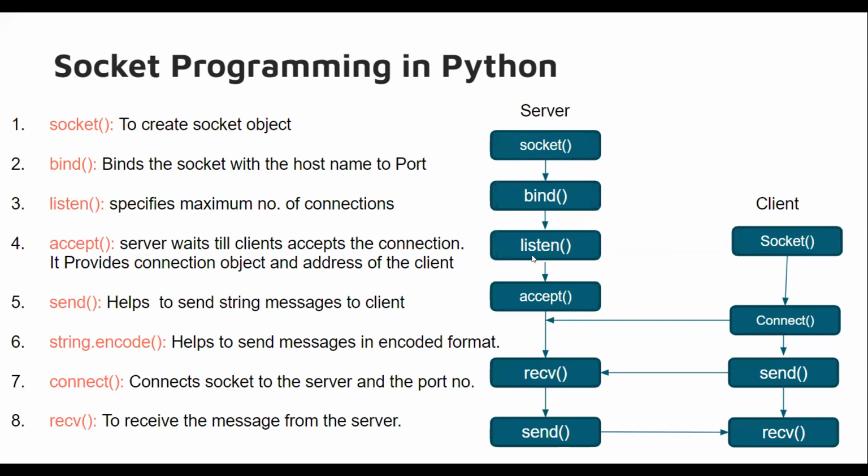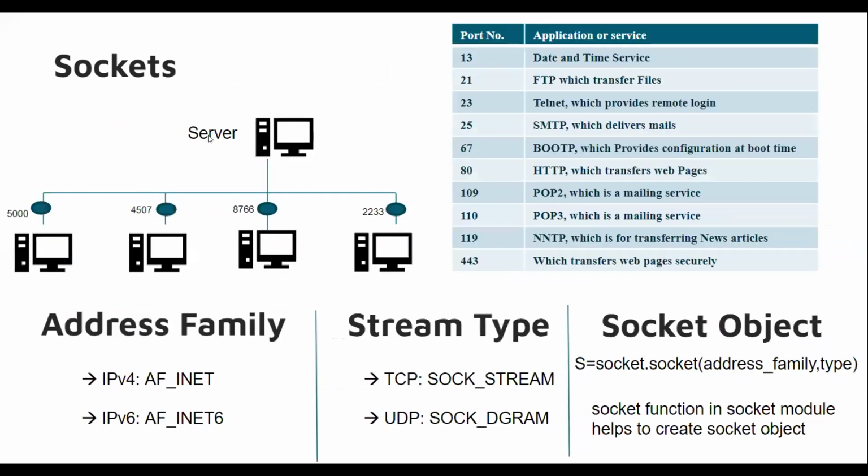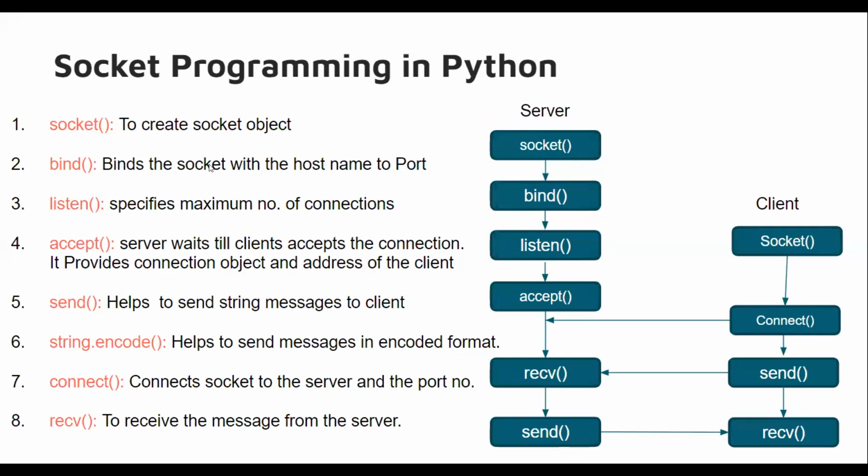When I talk about the server, the first function which comes is bind. As you saw in this diagram, the server needs to be bound to this host via a port. The bind function binds the socket with the host name to the port, so the link is established using the bind function.